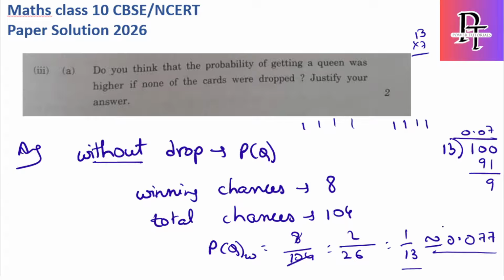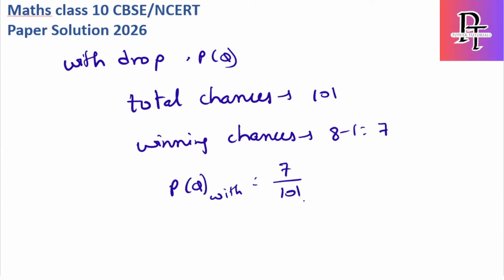Okay, just keep it here. What about this one? 7 by 101: 0.07, again 0, 700, so definitely the first digit will be 6. So this is closer to 0.06.